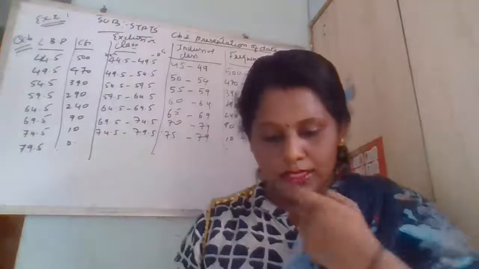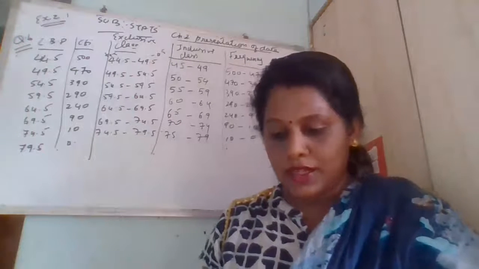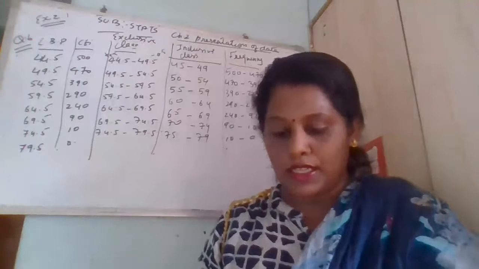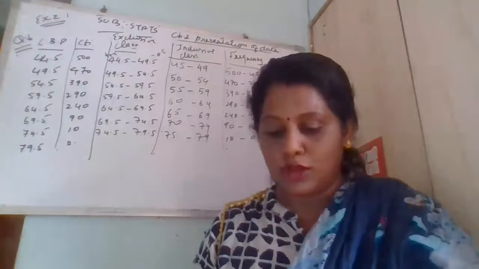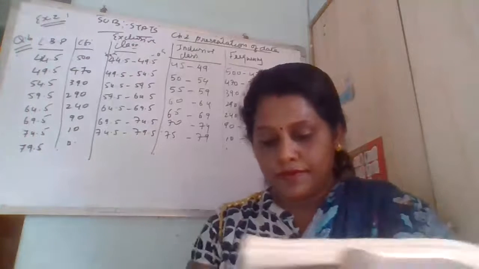The seventh question is, obtain an exclusive continuous frequency distribution from the following data. Here less than is given and cumulative frequency is given.